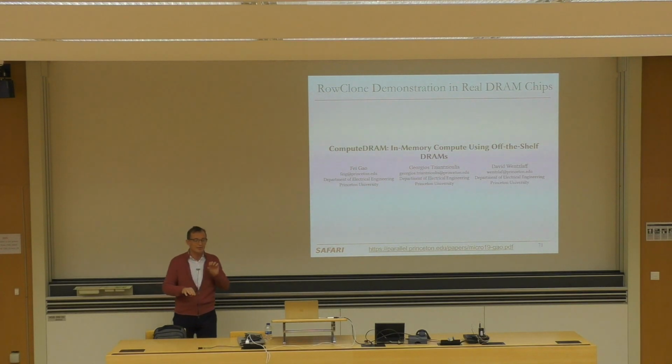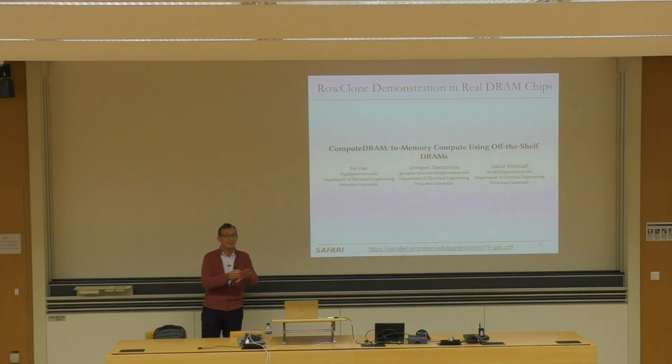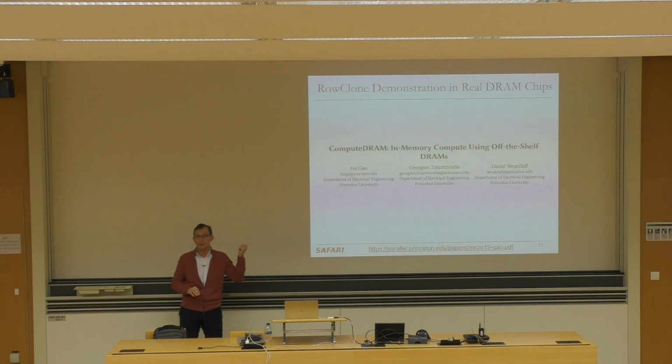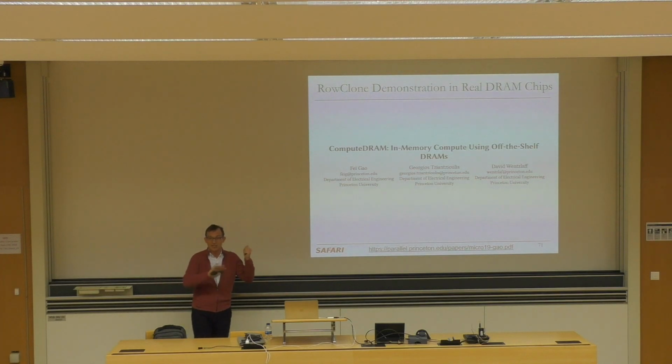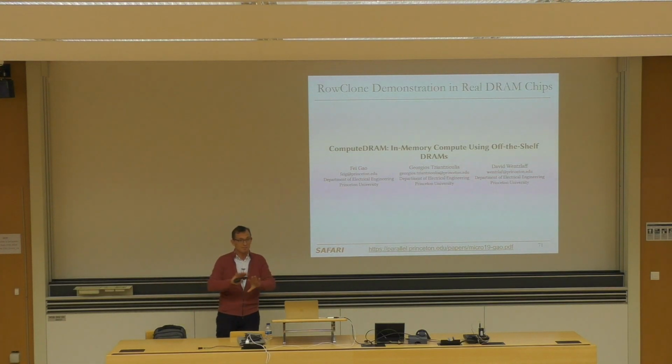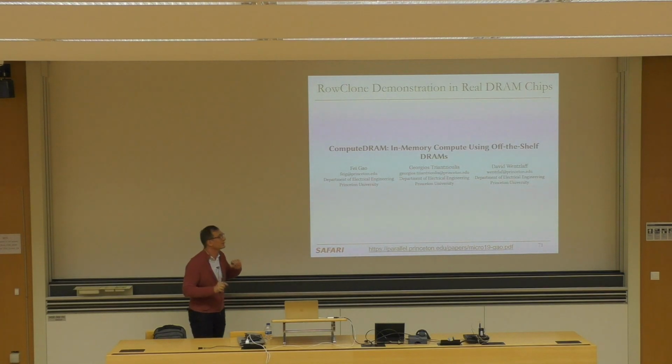They basically get the effect of 2 consecutive activates by changing the timing parameters such that you almost get 2 consecutive activates, and they showed that you could really get row-to-row copying in a single subarray in real, off-the-shelf DRAM chips without any modification to any hardware. You need to have the ability to change the timing parameters. That's what you need to do.